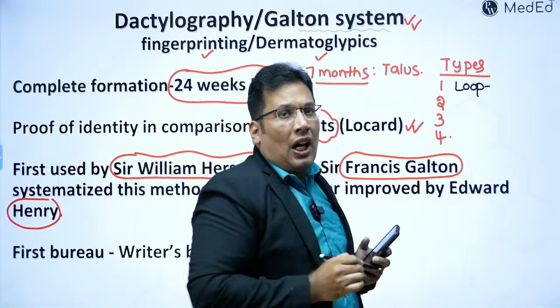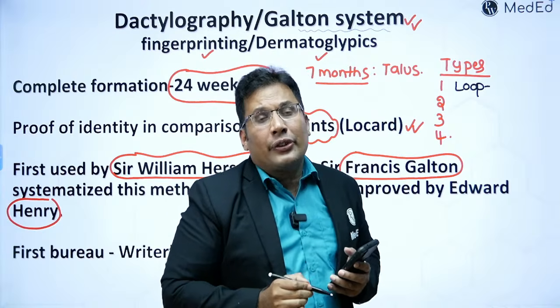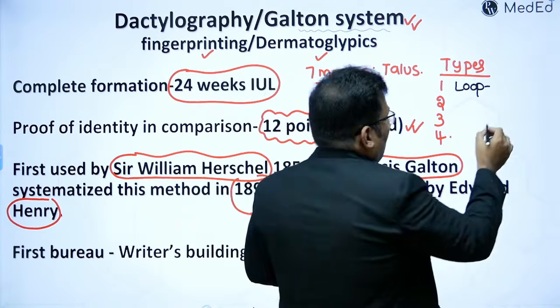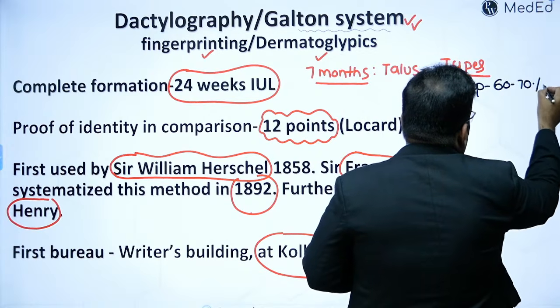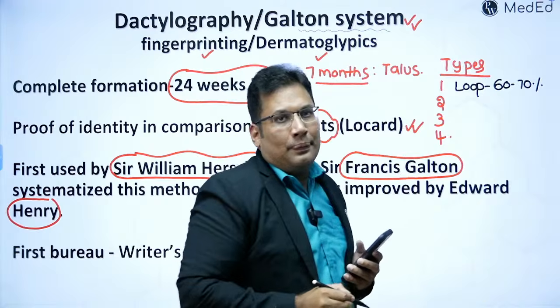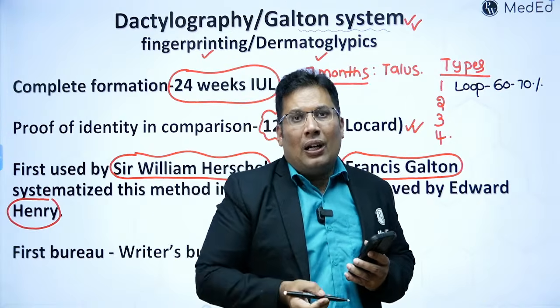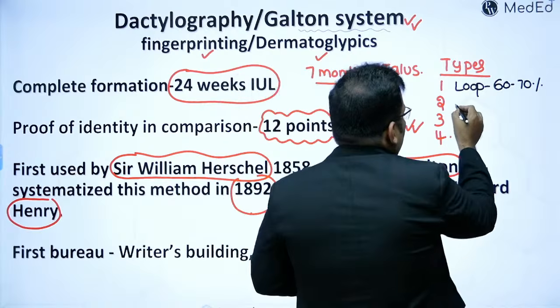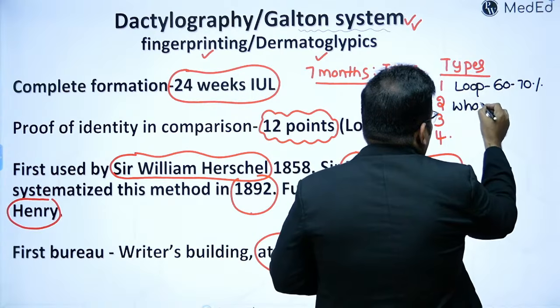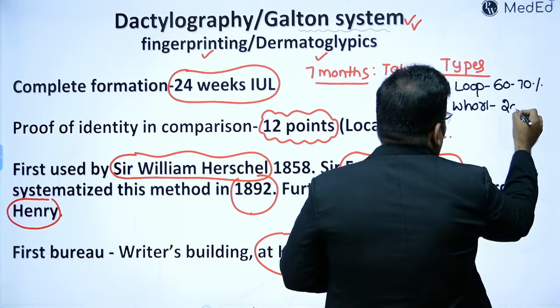Loop around 60 to 70%. So it can be radial loop or it can be ulnar loop. The second type is Whorl, around 20 to 30%.